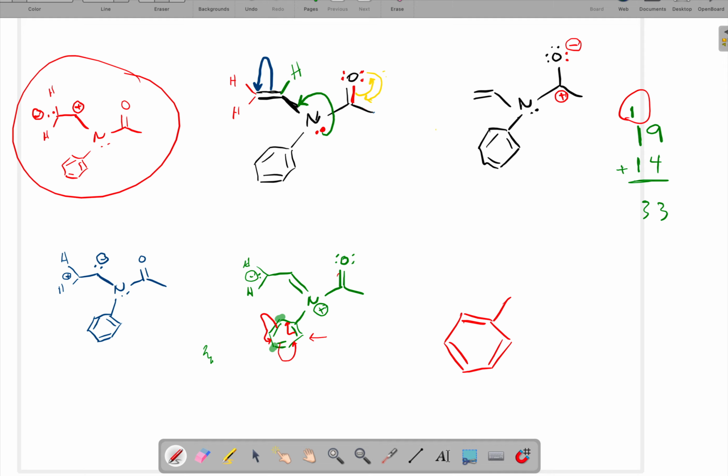I've done resonance. I've moved the pi electrons around the ring, and not only have I moved the electrons, did I create any missed octets? Did I create any formal charge? No. What does that suggest about the electrons in that ring? Yes, perfectly acceptable. What is that going to mean about its reactivity? Not very reactive.